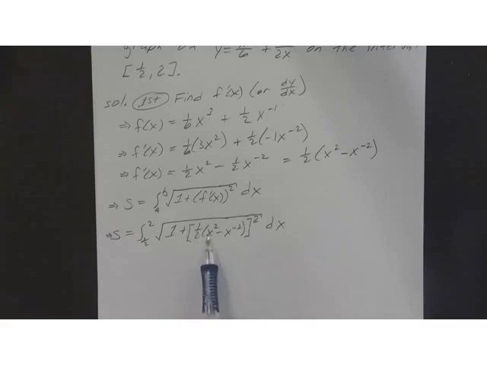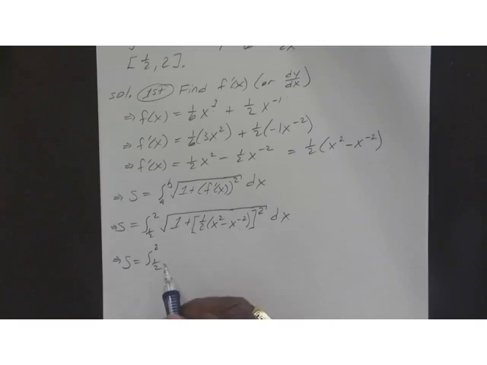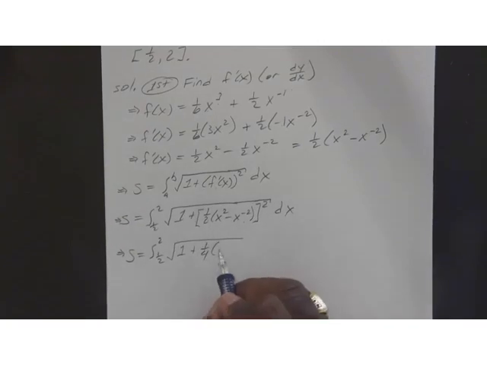Okay, well, 1/2 times x squared minus x to the negative 2 power, squared, is just 1/2 squared times x squared minus x to the negative 2 power squared. So the integral from 1/2 to 2 of the square root of 1 plus 1/4 times x squared minus x to the negative 2 power squared with respect to x.